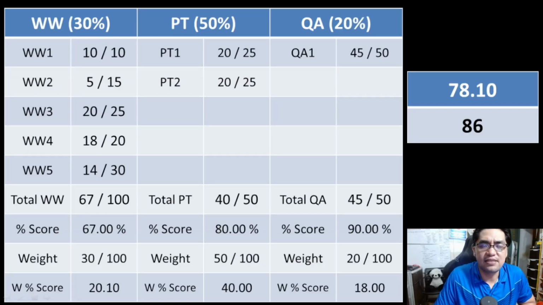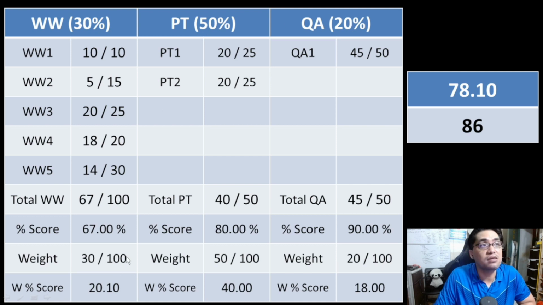Now here's another example of a situation that may happen to a student of your school. We have here sample grades of a particular student. So you have here the written work grades: total written work, percentage score, the weight, which is 30%. Written work is 30%. So 30 divided by the total weights of the three components, 30 plus 50 plus 20 is equal to 100.